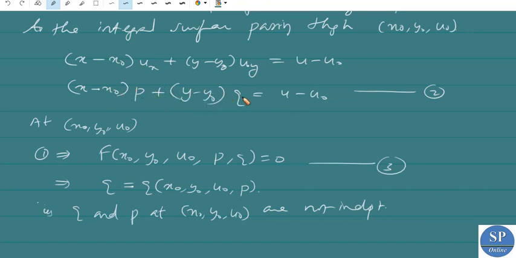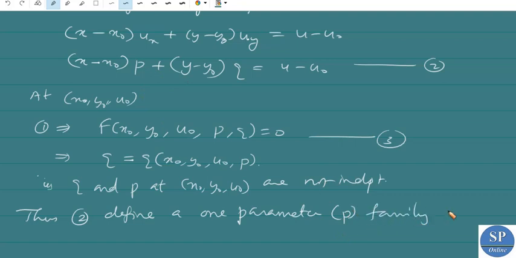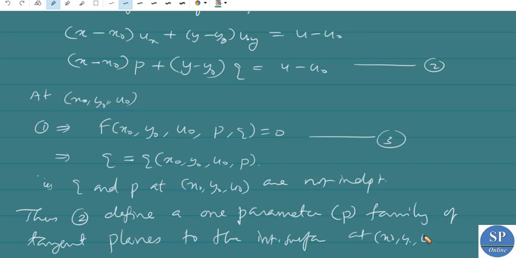Since we can replace q by a function of p, equation 1 defines a one parameter family of tangent planes to the integral surface at the point (x0, y0, u0). That parameter will be p.